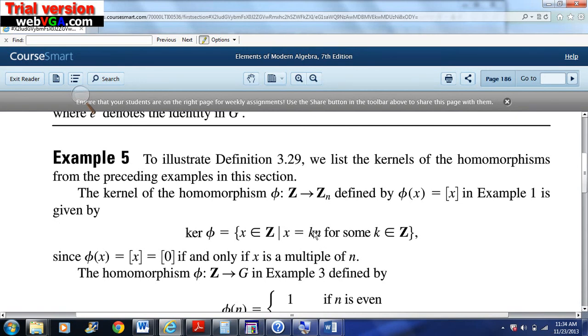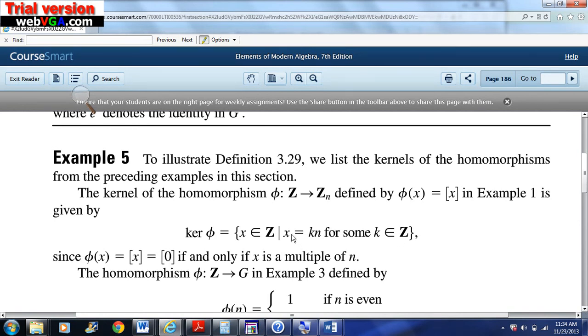So that's why we have to express this generally, because you don't just have 1 or 2 elements, but you have an infinite number of elements in your kernel. In this case, because x is equal to k times n, for some k that's a member of Z. So Z, that means that k is an integer.